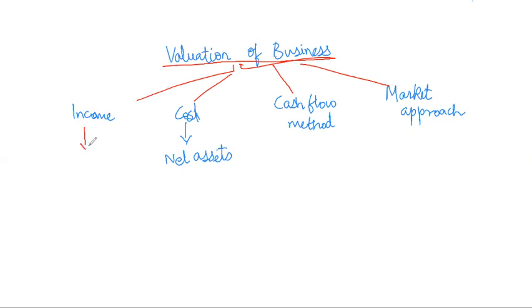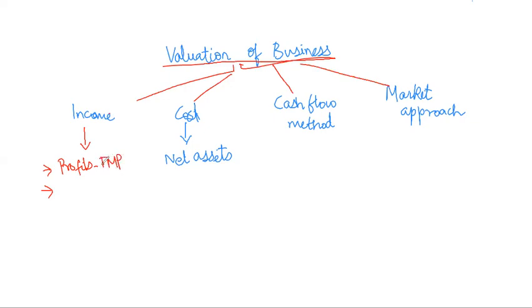So, in the income approach, the business is valued based on the income, that is nothing but the profits of the business. One method is known as the future maintainable profit method.